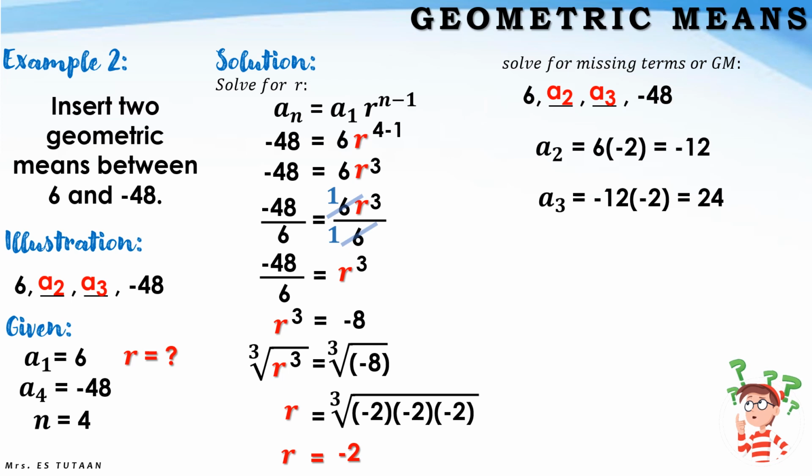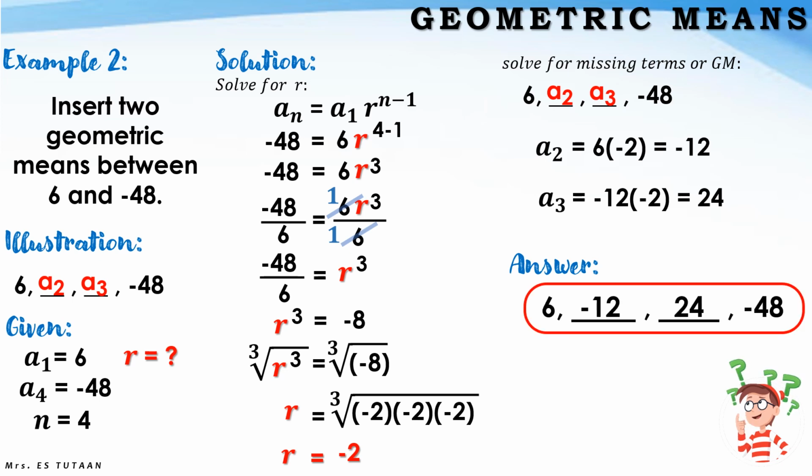And then our a sub 3 is a sub 2 times r. So that is negative 12 times negative 2, that is positive 24. So our sequence now is 6, negative 12, positive 24, and negative 48. Okay na? So, sana nakasunod.